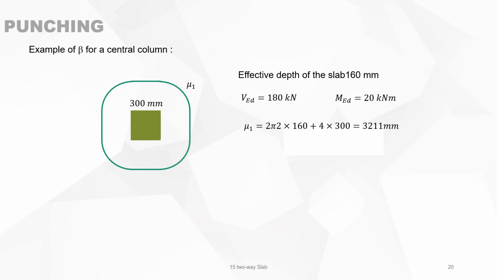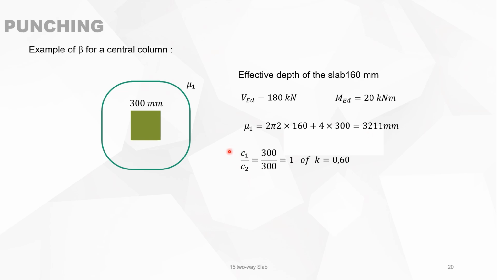The first critical perimeter is equal to the circumference of a circle with a radius of 2d, plus 4 times the straight lines of 300 millimeters, so the circumference u1 is 3211 millimeters.